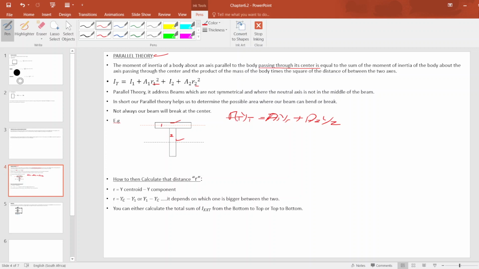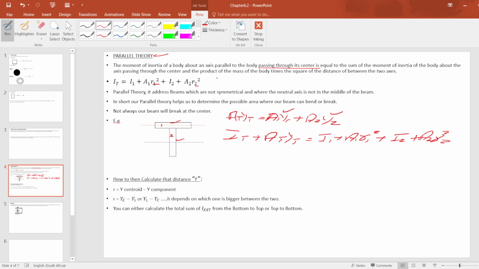Don't forget these principles, especially how we calculated our y's when we had the compounded material. In this case, it will be I plus area T times yT equals I1 plus area 1 R1 squared plus I2 plus area 2 R2 squared.